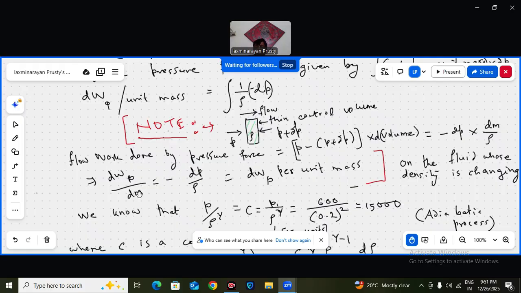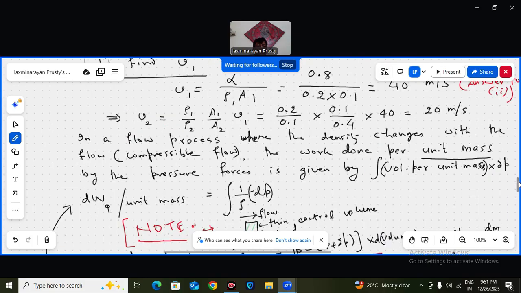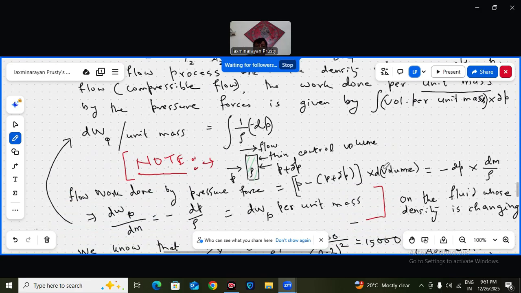So dWp by dm, the flow work per unit mass, is equal to minus dP by rho. That's what I wrote here. This is dWp per unit mass, and the minus sign is because this is work done by the pressure on both sides of the element.